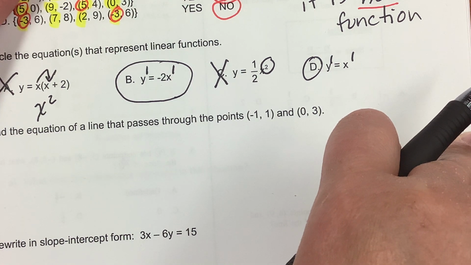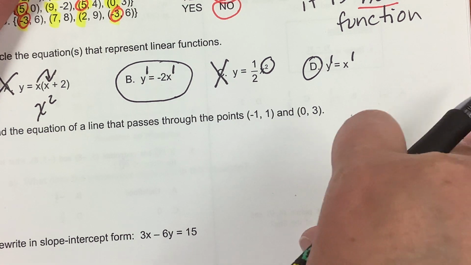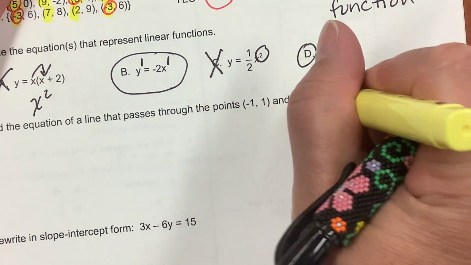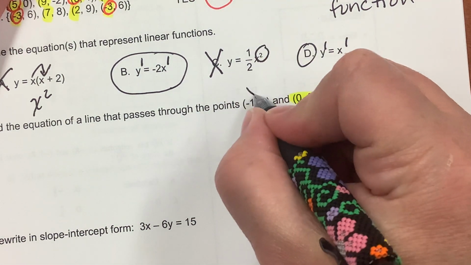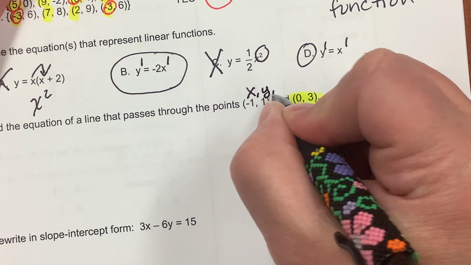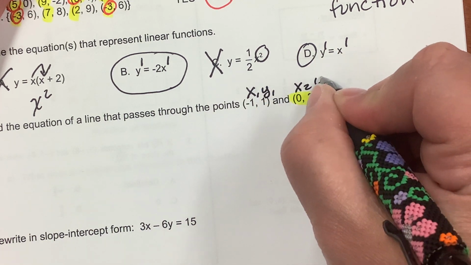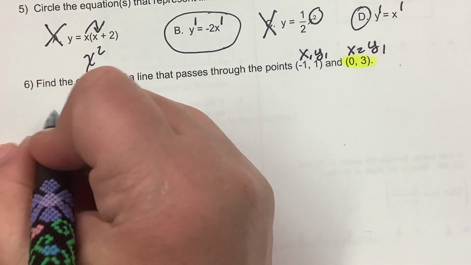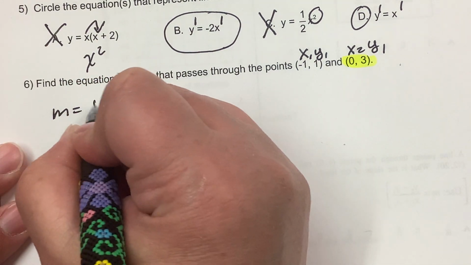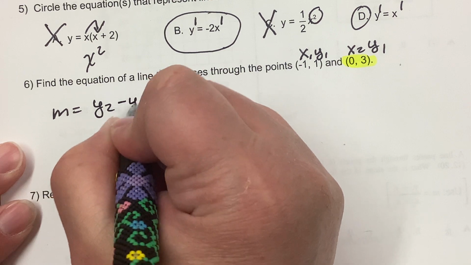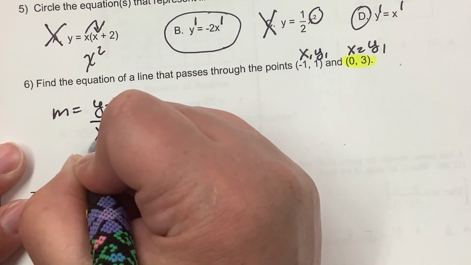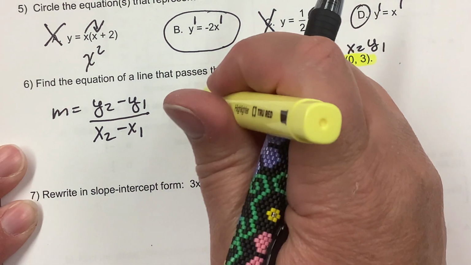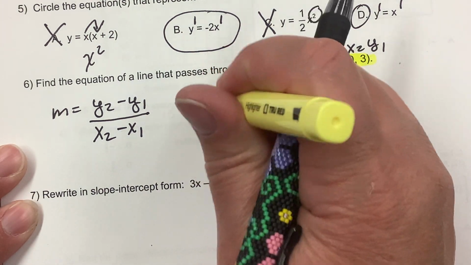So, find the equation of a line that passes through, here we go. x1, y1, x2, y2, and you write the equation m equals y2 minus y1 over x2 minus x1. I'm just going to highlight a little.